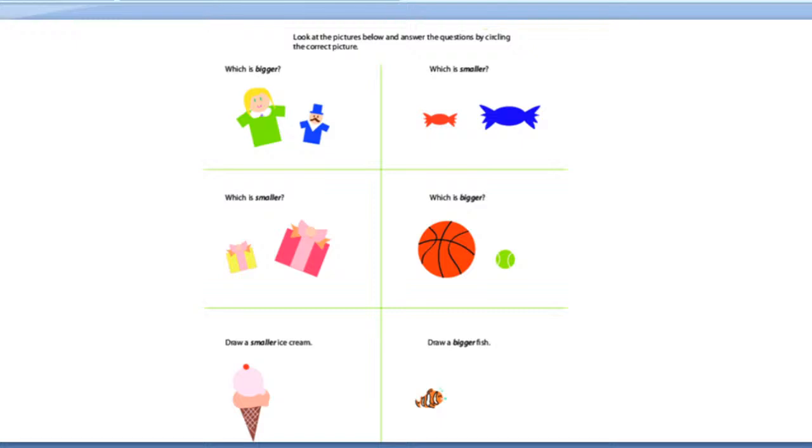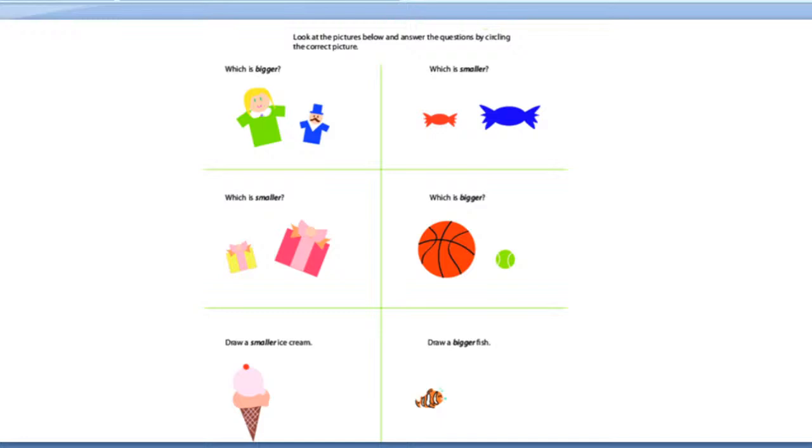Now let's move to the next picture. There are two balls. One is of orange color and one is of green color. So you have to tell me which one is bigger. We are talking about balls now.